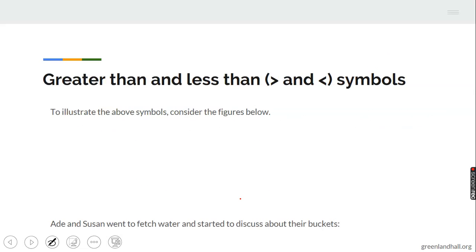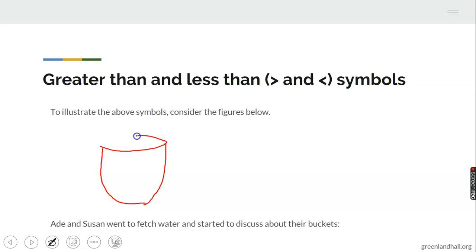Now, we want to look at a particular statement. We'll be looking at greater than and less than symbols. To illustrate the above symbols, consider the figures below. The figure that I will draw is about the buckets of Ade and Susan.